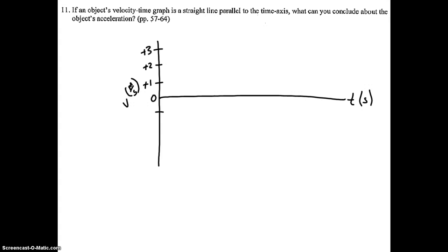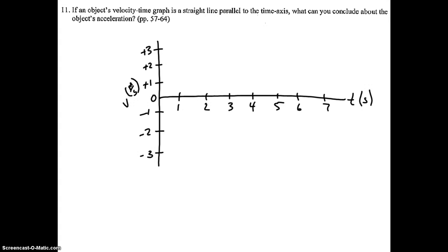We can also have negative velocity, -1, -2, -3. Okay. And so we've got a little velocity time graph here. Mark off equal increments of time if we want to. 1, 2, 3, and so on. Seconds all the way up through there.